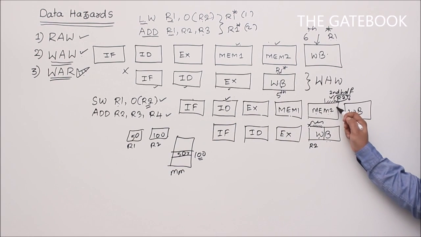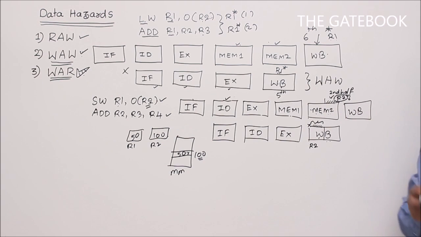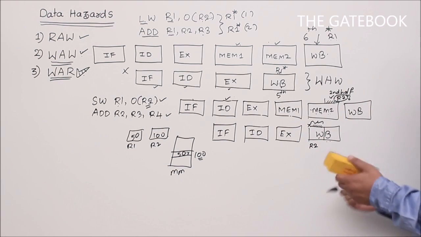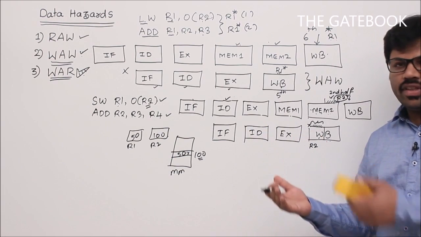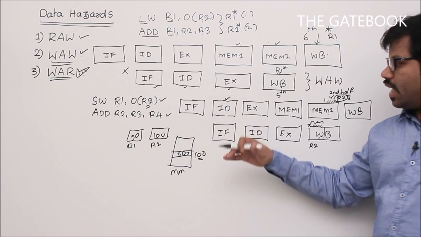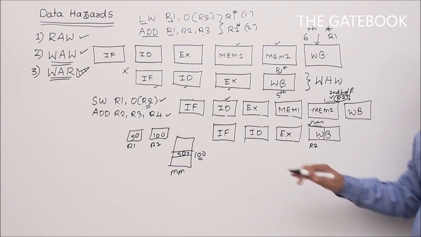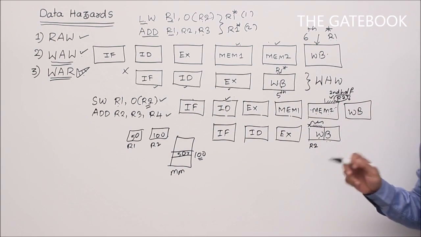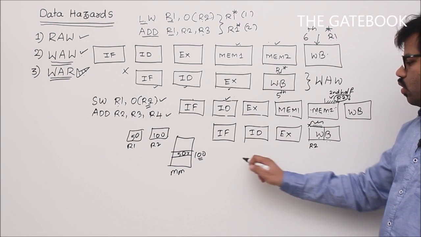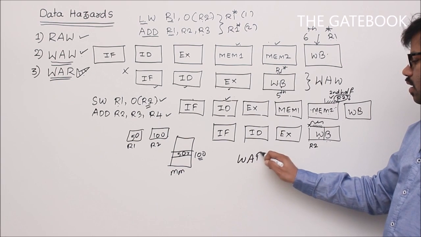If you read here in the memory stage, of course it's a weird thing that they are doing, but maybe because of the adjustment of clock cycles, maybe instruction decode is taking a lot of time. To save time and make all the stages equal, maybe in the memory stage too they are reading the registers. Whatever the reason, in that case you get a write after read hazard, correct?